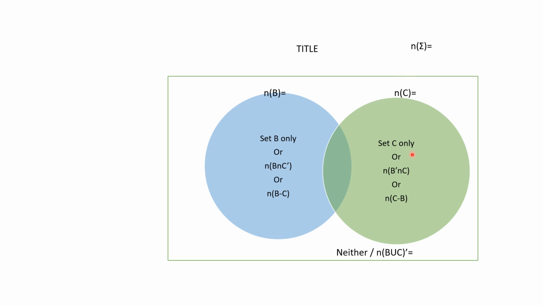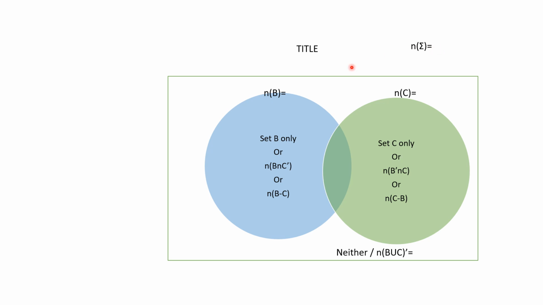You can see that this is set C only, then this is set B only. It means I want elements which are in B but not in C, so I exclude set C and take members of B only. Then here, those elements do not belong to any of these two sets.